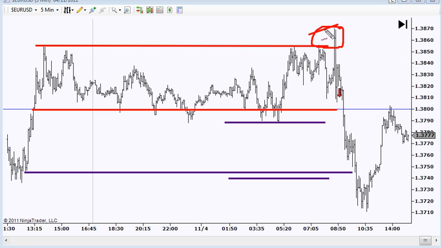Now here's the good thing, this was basically the high of the session, and I'm talking about from the day before. So we're making some new highs up here, as you can see right here. The market doesn't hold the highs. So overall for this day anyhow, I'm not looking to go long. What was happening was about 9 o'clock, stocks were weaker.